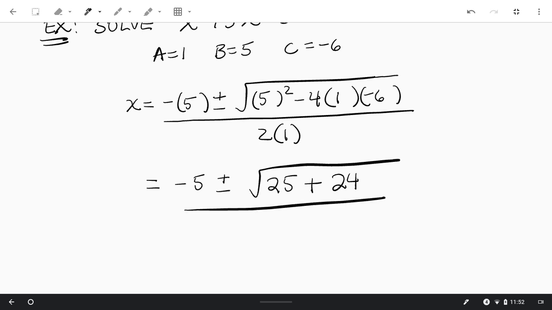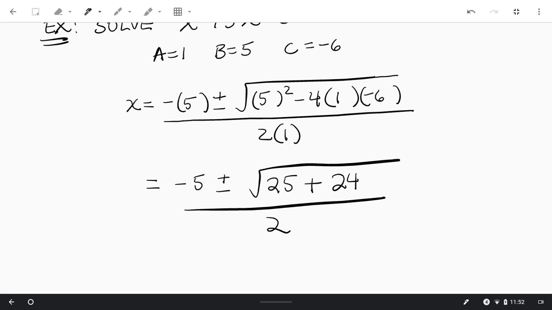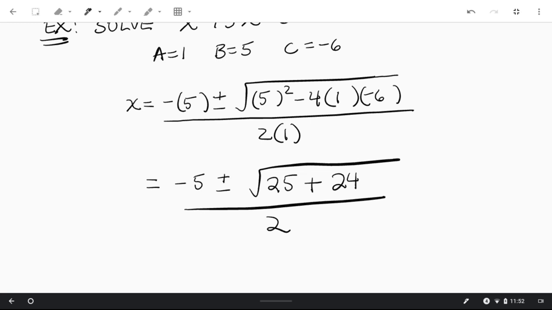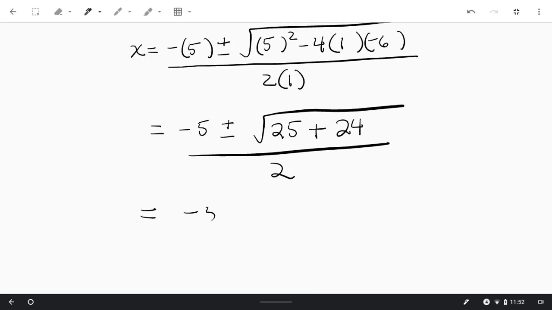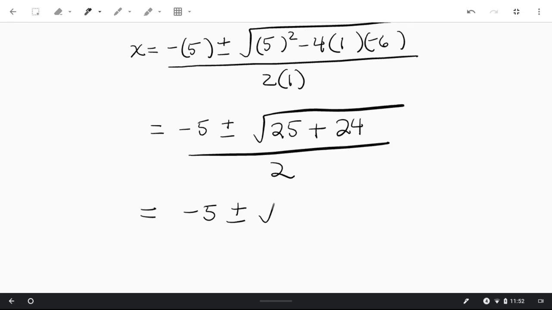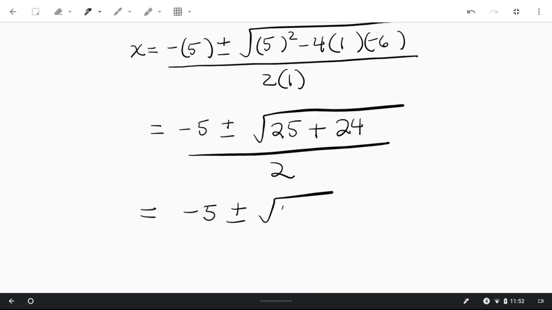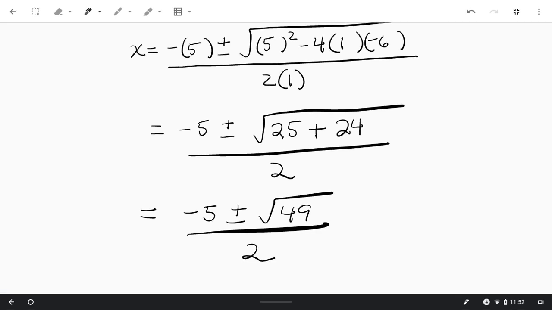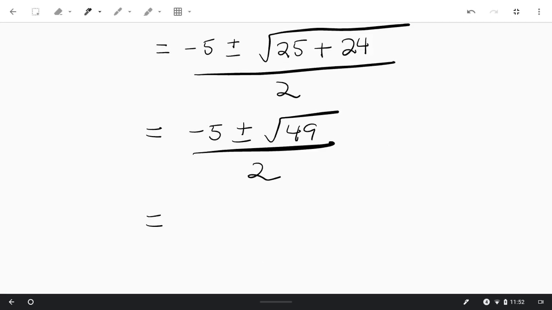I think we can all do that. Then negative 5 plus or minus the square root of 49, all over 2. What's the square root of 49? Hopefully you said 7.